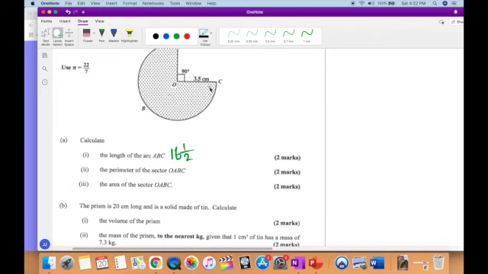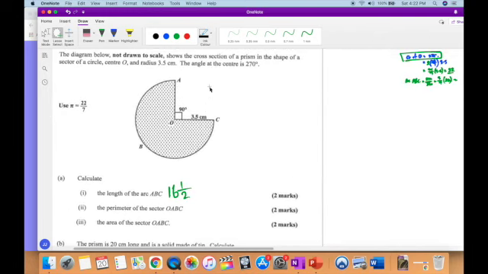The perimeter of the sector OABC. I think they want the perimeter of the whole thing, right? This entire thing, right? Yes. So therefore that would be the 16.5 plus 3.5.